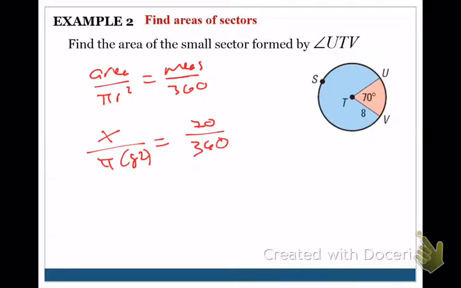So this turns into x over 64 pi equals, and I'm going to reduce this to 7 over 36 just to make the math a little bit easier, but then we just cross multiply and solve.